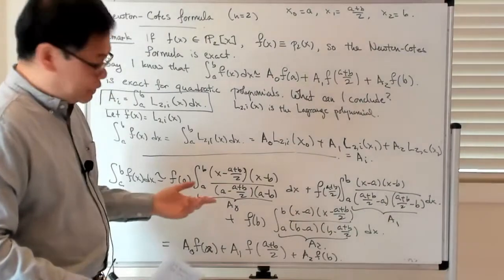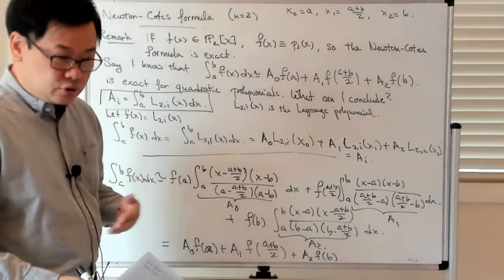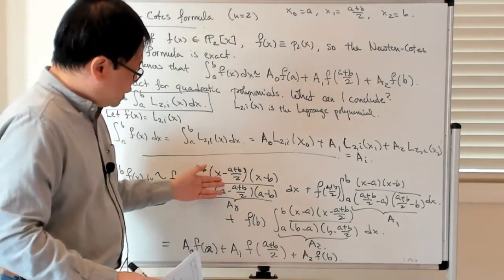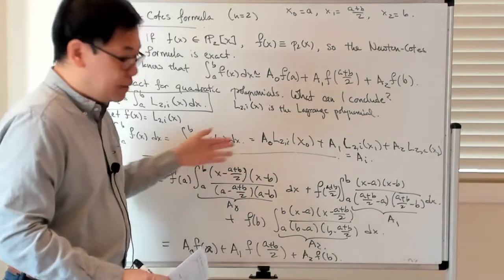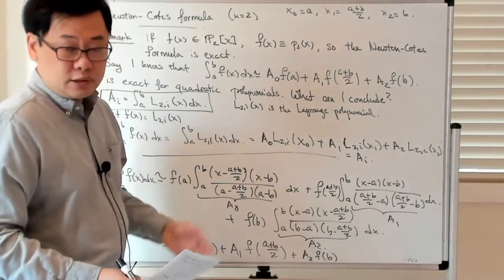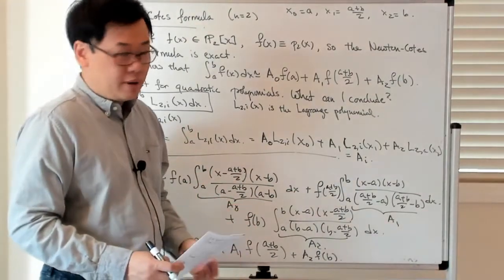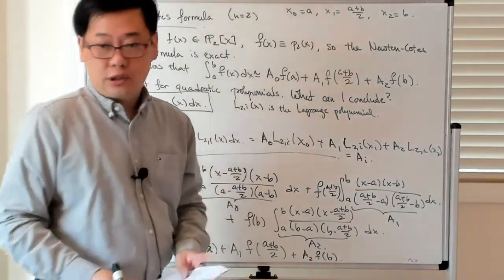The reason, of course, is that as you go to higher and higher degree in the interpolating polynomial, these expressions can be quite complicated and might not be so pleasant to integrate. Let me stop here for now, and next we'll talk about the method of undetermined coefficients.